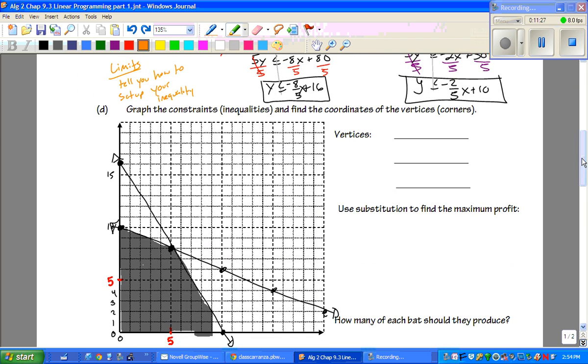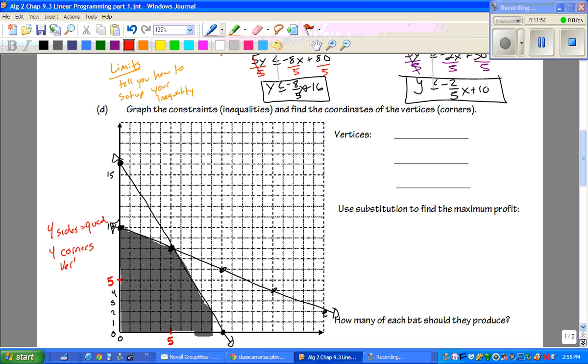So, now that we've got this stuff, we need to find the vertices, okay? Now, looking at that shape, what shape is that? Well, how many sides does it have? It has 4 sides, which means it's a quadrilateral. Okay, 4 sides. How many corners does it have? Well, Mr. Grice, it's got 4 corners, okay?